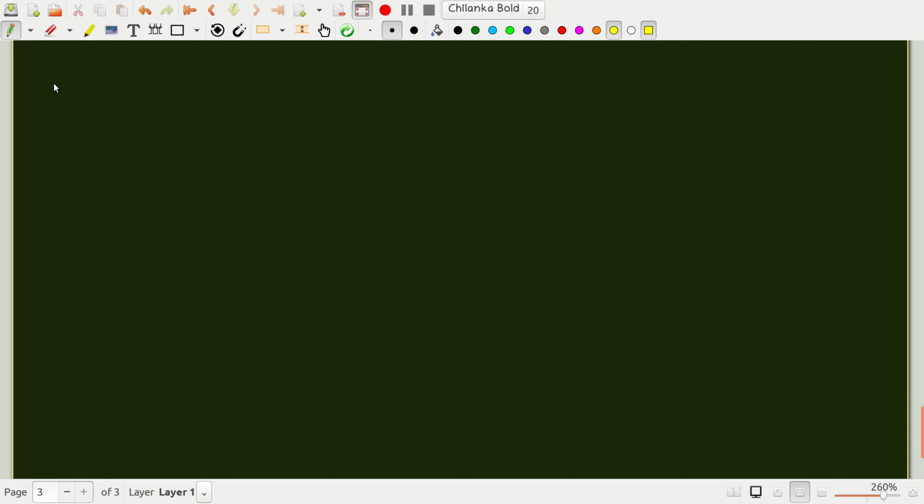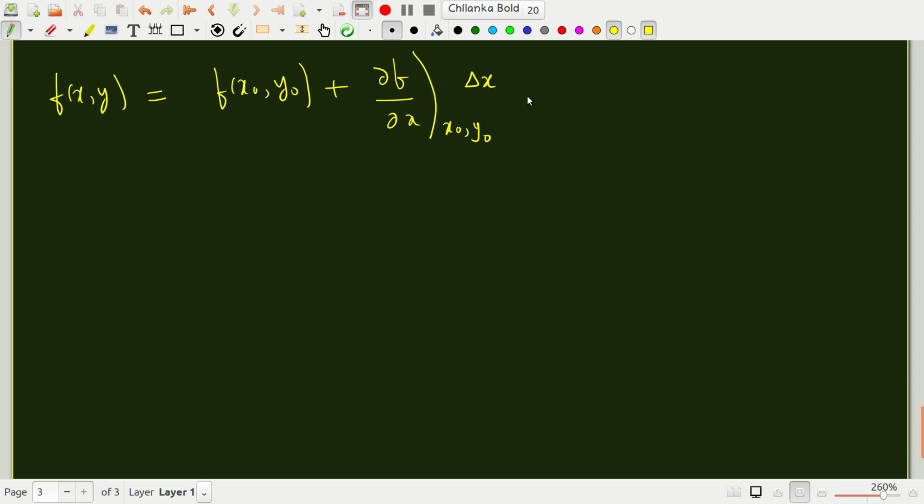Okay, so let's start with two variables. That's the simplest. What do we do? Suppose I were to expand about the point x0 y0, then the Taylor series of a function of two variables is as follows: partial f by partial x evaluated at x0 y0 times delta x. I'll tell you what delta x is in a minute.